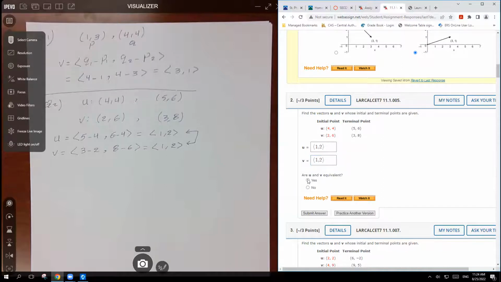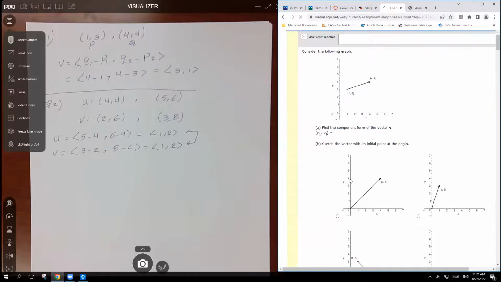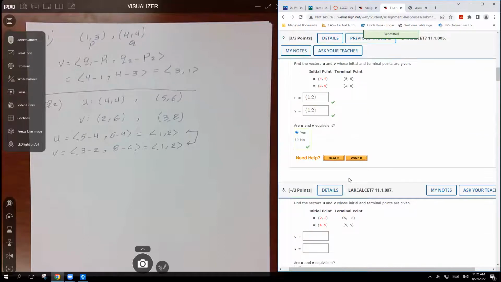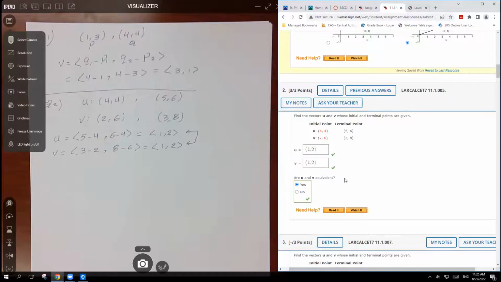Yes, they are equivalent. That's it. Submit answer. I think we can do that just for the one answer. And oh yeah, they can tell you it's right or wrong, which is good. So you can check each question. Right or wrong. Let's go to the next one.